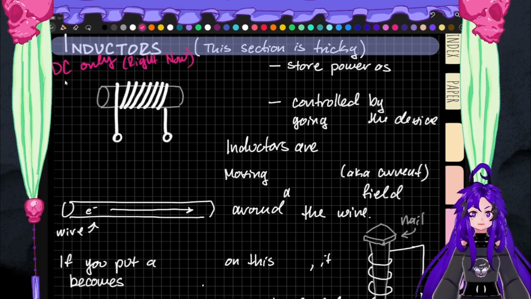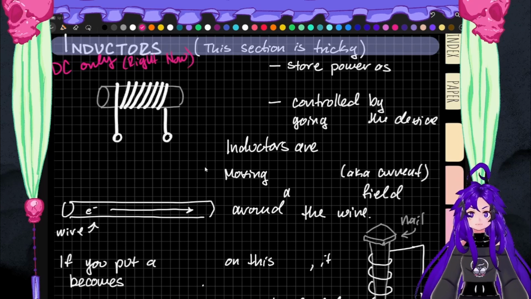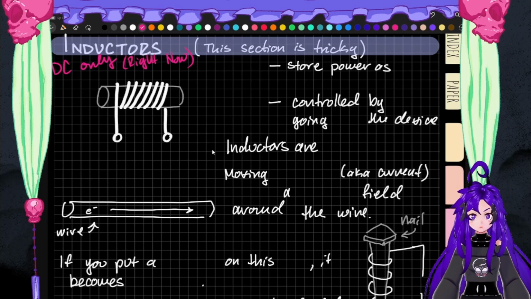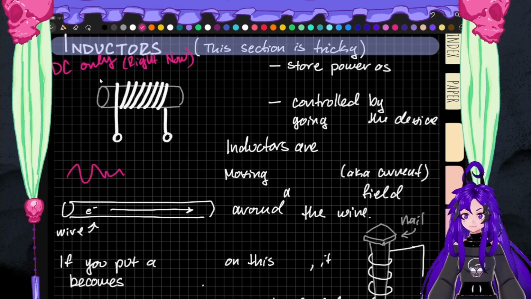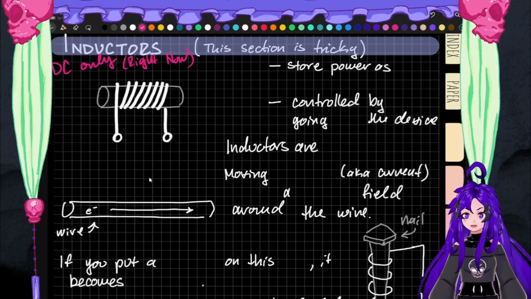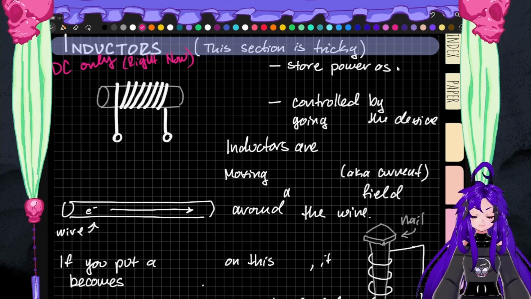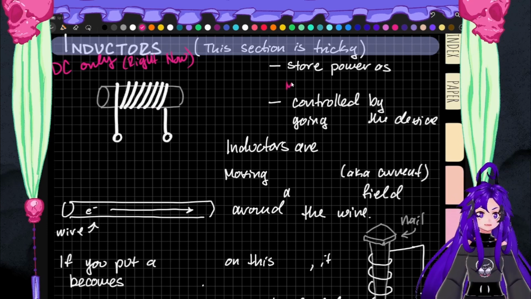Later on, we will look at alternating sources and see how this changes. For now, think of this as only having a direct source. We don't have to think too much about the squiggly bits. So inductors. Inductors are squiggly bits, unfortunately. They store power as a magnetic field.